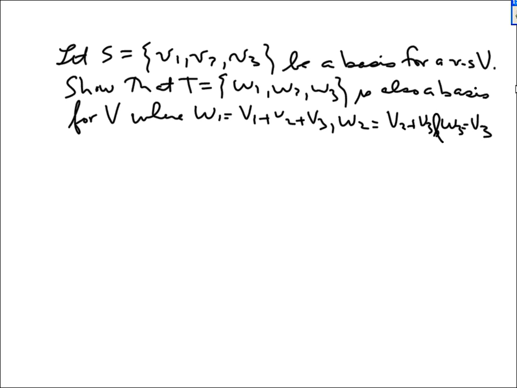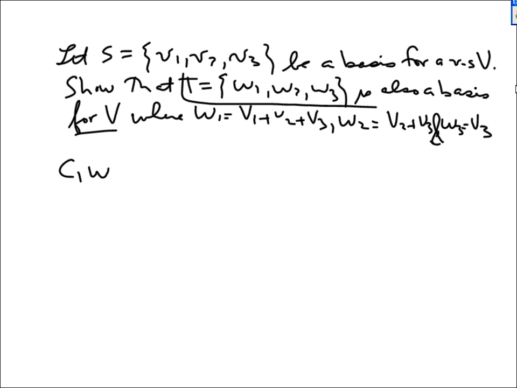Maybe I should say and, W3 is V3. So, to show that T is a basis for V, I have to show linearly independent, and it spans V.